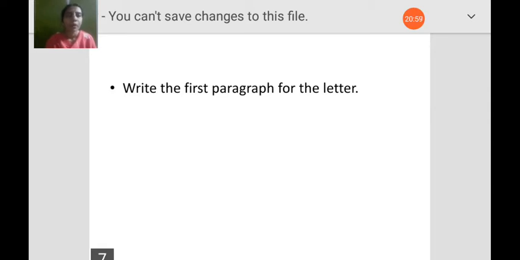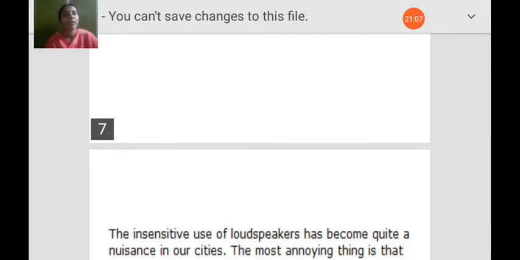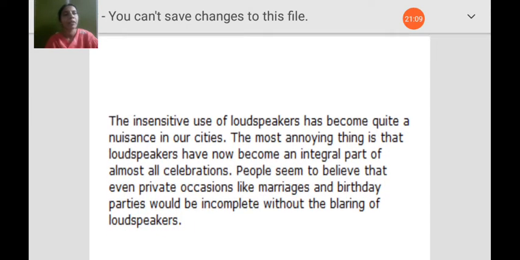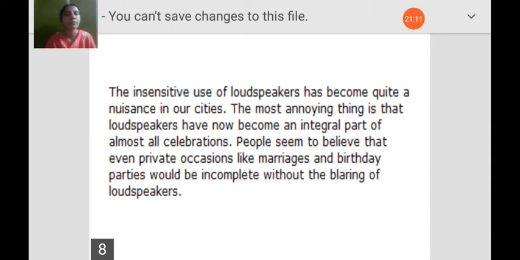I hope you have developed a paragraph. Let's look at the paragraph which I have developed. I would like to begin my paragraph like this. The insensitive use of loudspeakers has become quite a nuisance in our cities.